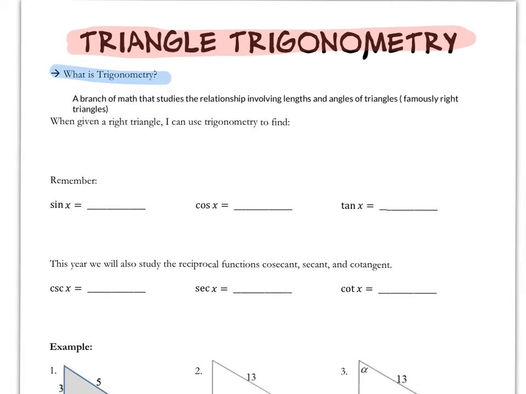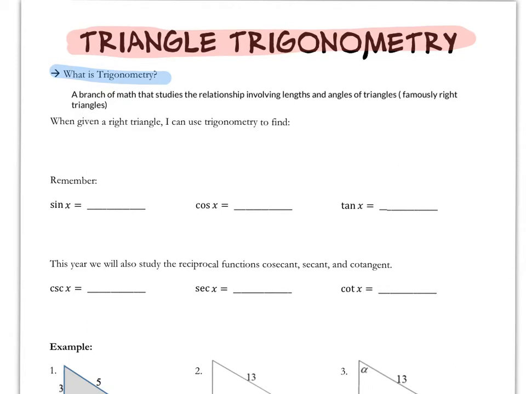So now it says, when given a right triangle, I can use trigonometry to find what? I can use it to find missing sides and missing angles. I'm going to type because my stylus is not the best.